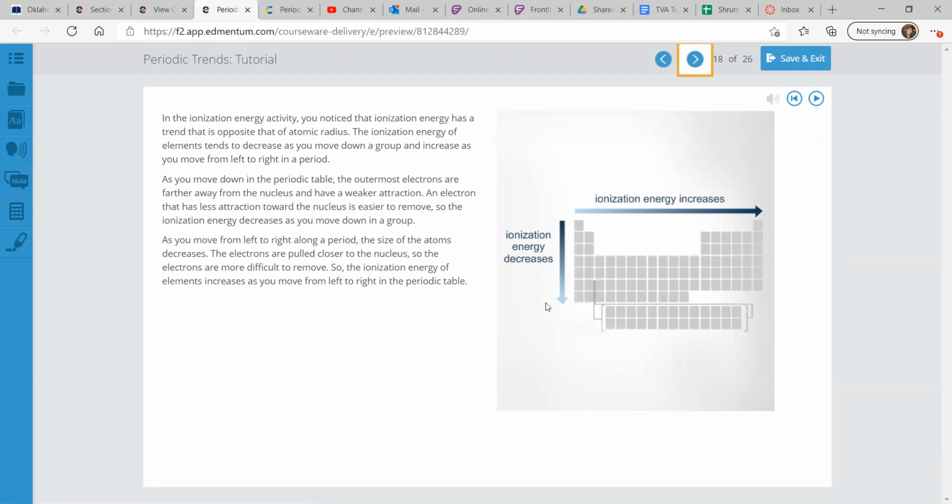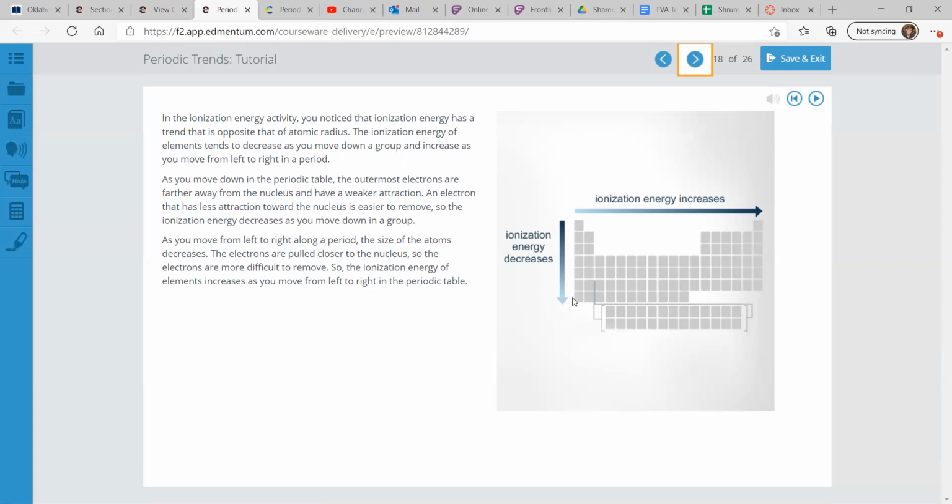So the ionization energy decreases as you move down in a group. As you move from left to right along a period, the size of the atoms decreases. The electrons are pulled closer to the nucleus, so the electrons are more difficult to remove. So the ionization energy of elements increases as you move from left to right in the periodic table.